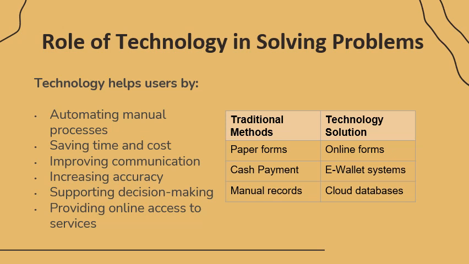Similarly, cash payments are gradually being replaced by e-wallet systems, which enable secure, cashless, and more convenient transactions using mobile devices. In addition to that, you can also see manual record keeping is being transformed through cloud databases where information can be stored, updated, and accessed in real time from anywhere.